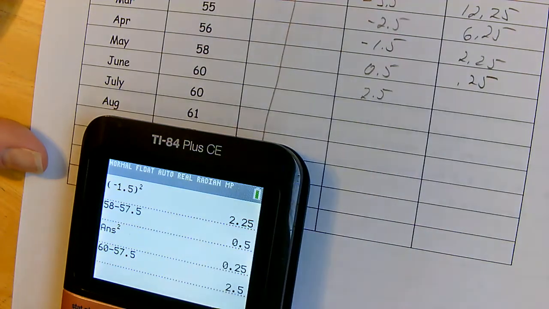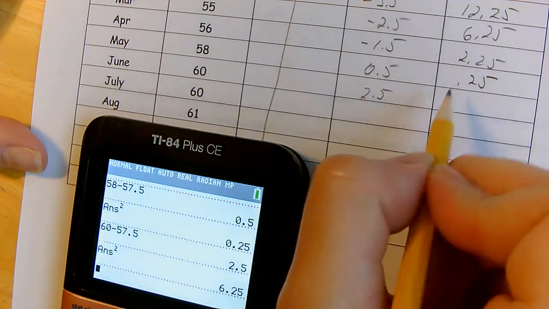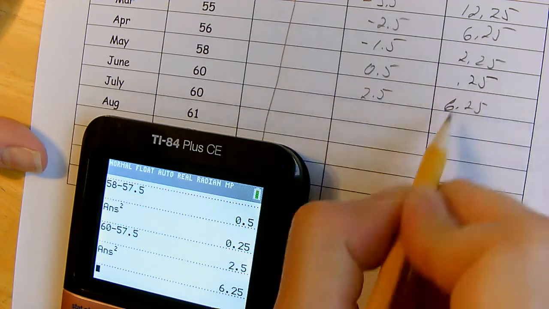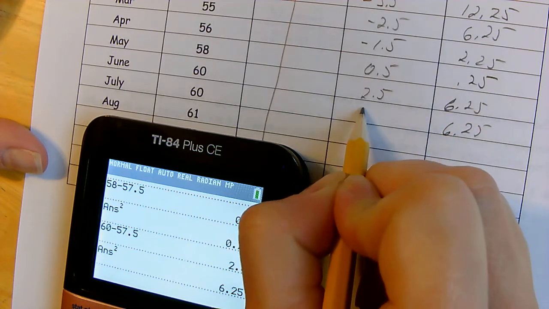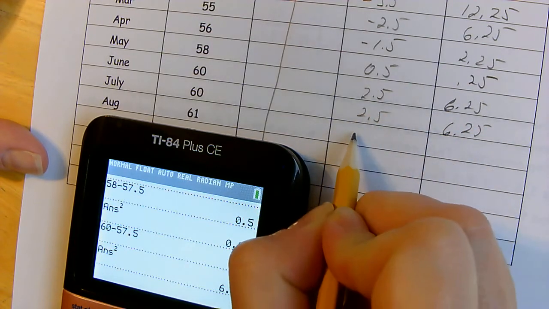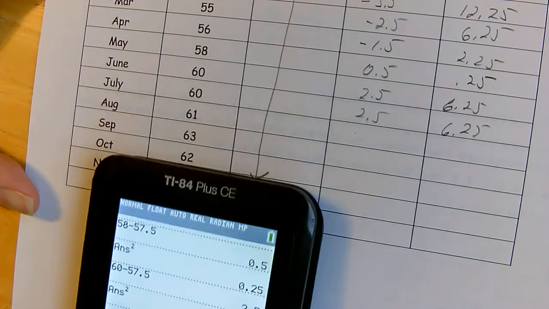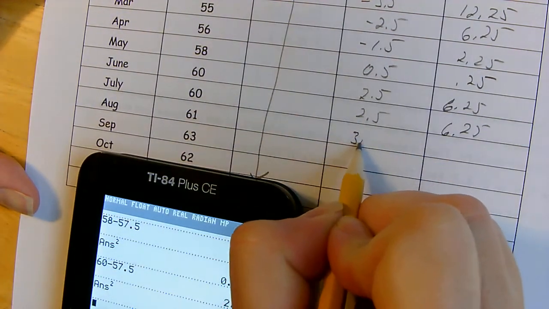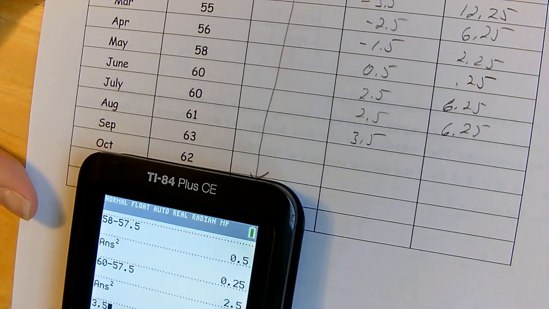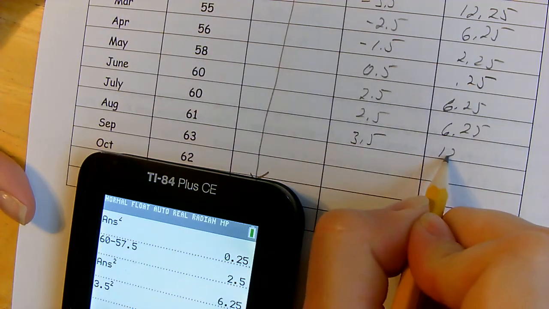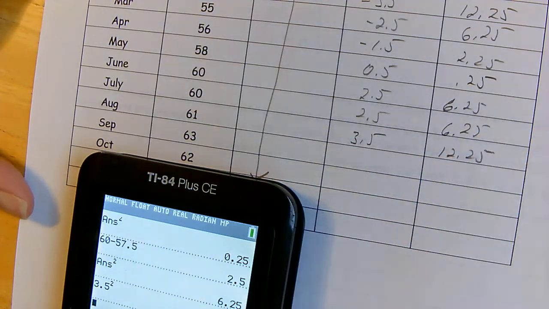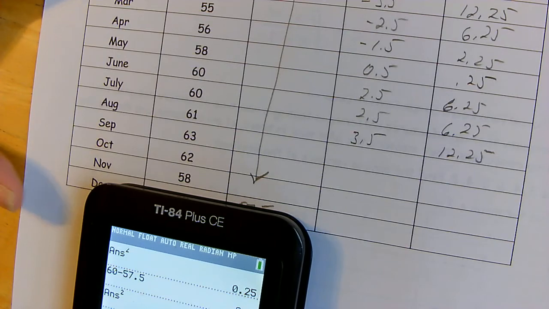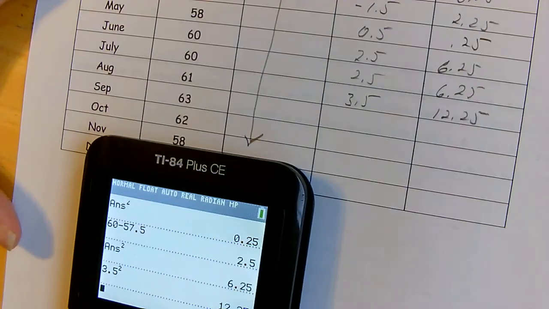Two and a half degrees above. Hopefully you're doing this along with me.